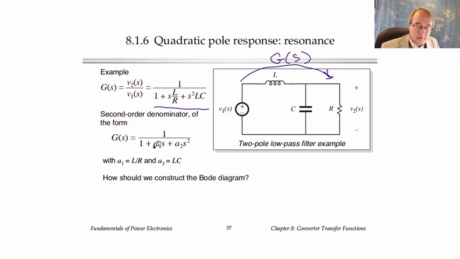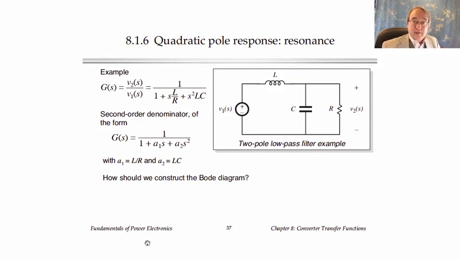So this quadratic or second order polynomial we can write in general like this, where a1 and a2 are the coefficients of s to the first power and s to the second power. And by equating a1 and a2 to the coefficients L over R and LC in the original transfer function, we find that a1 is L over R and a2 is LC.